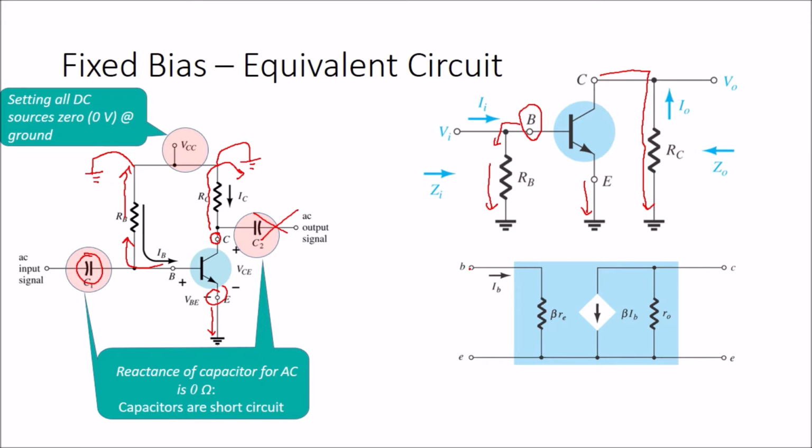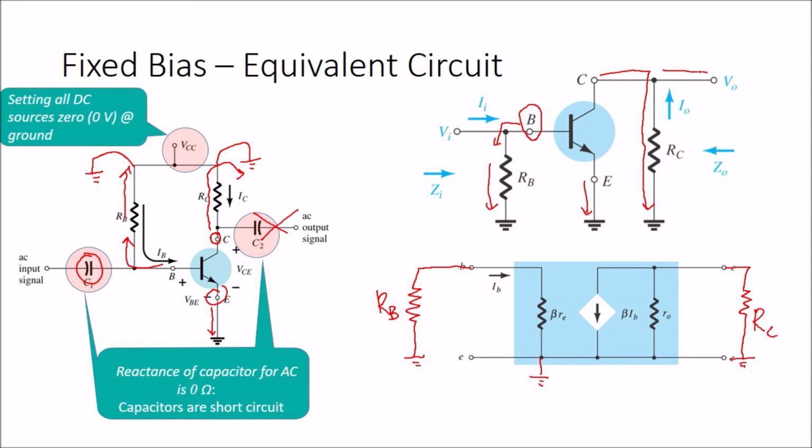The B terminal is connected to the resistor RB, and then from the resistor RB it is connected to the ground. The E terminal is connected directly to the ground, and the C terminal will connect to RC and then go straight to the ground.